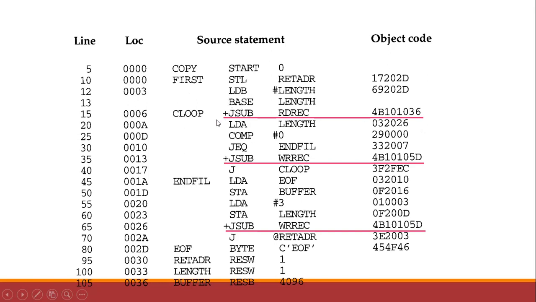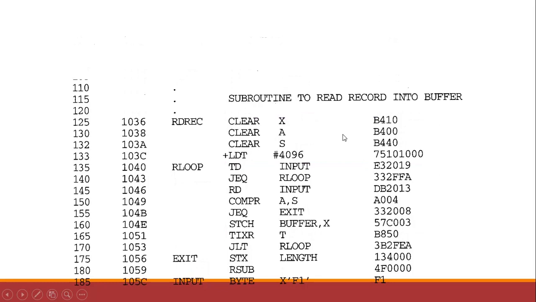So in this program, line number 15, line number 35, and line number 65 are the three extended instructions. If the starting address is changed, then these addresses will be changed. So modification is required, and you have to write a modification record for that.